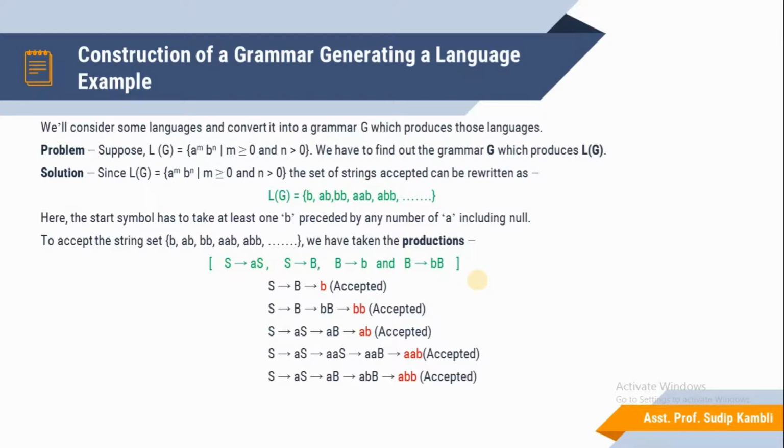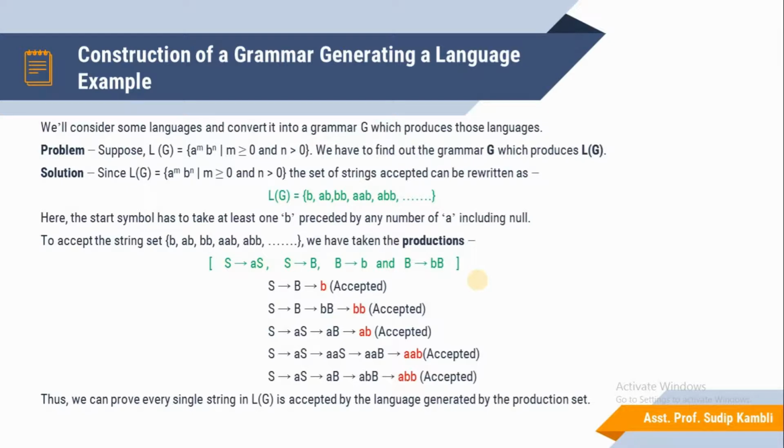Then B is replaced by the terminal symbol b, attached with the non-terminal B. So a new string A double b is produced, and this string is accepted by using these production rules.